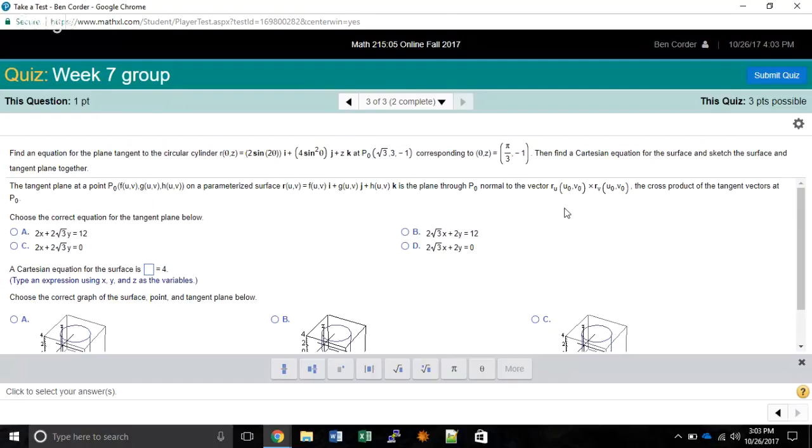Do you have a 2 in the x position? Yeah, I have a -2 in the x position. Oh, me too, but I have a -2 root 3 in the y position. I don't. Darn. I have positive in the y position. Hmm.